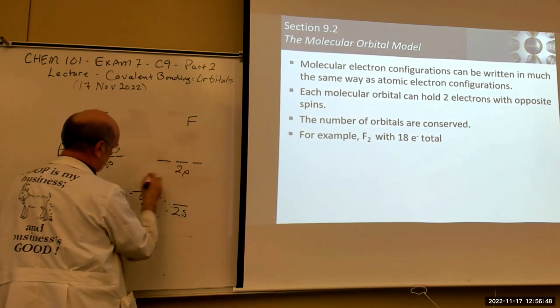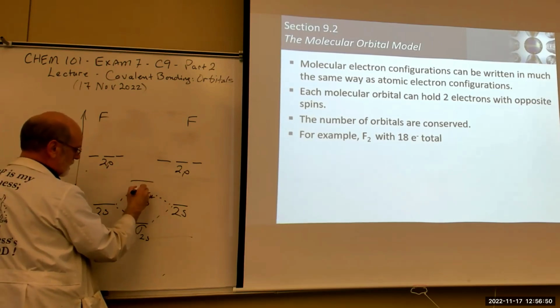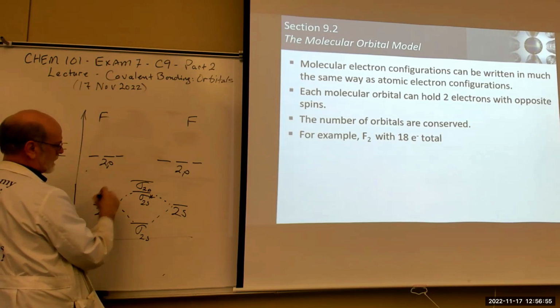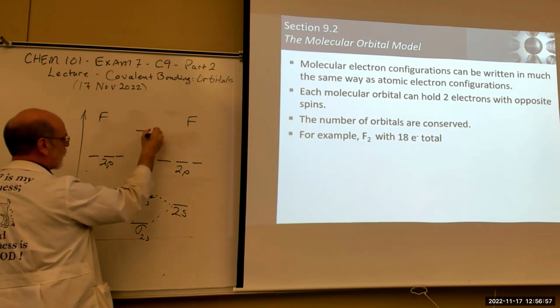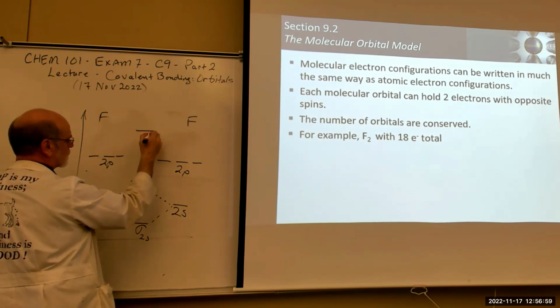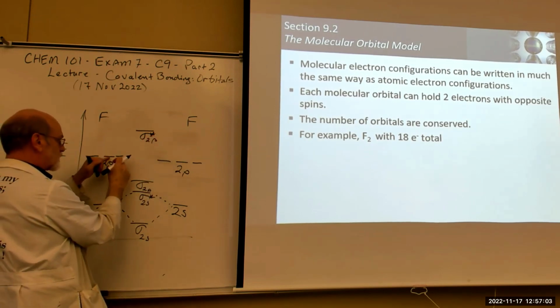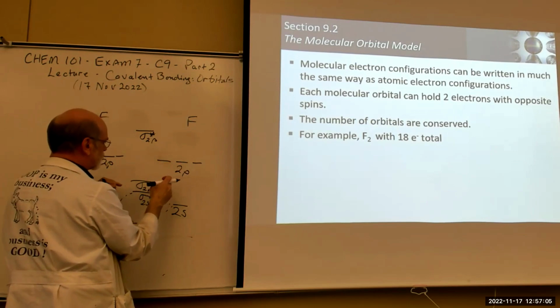All right, so we're going to get a sigma derived from a 2p. And then we get another sigma star up here derived from the 2p. And then that means we have 4 left over.